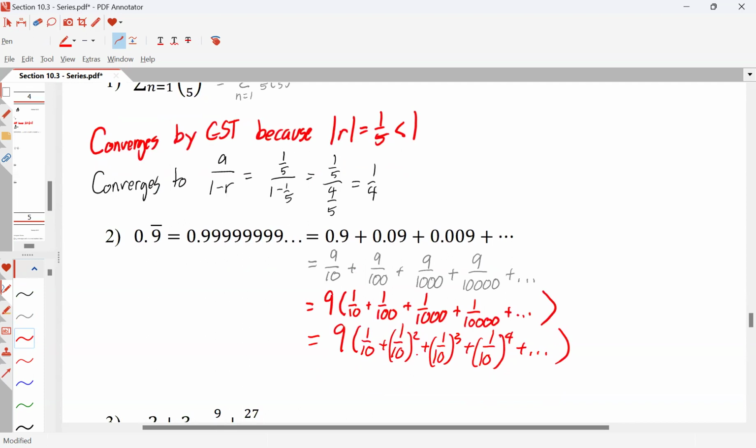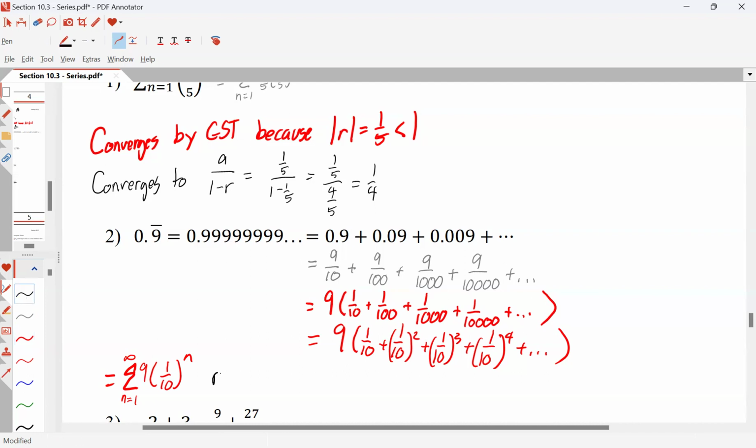I'm multiplying by 1/10 every time. I want to start when I am actually using 1/10. So we would have n equals 1 to infinity times 9. And there is our series.